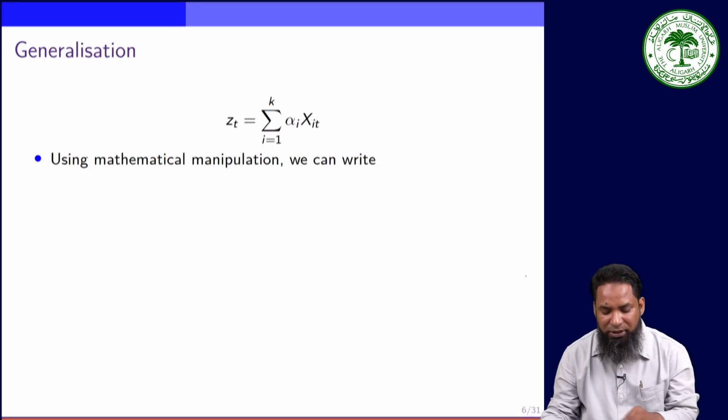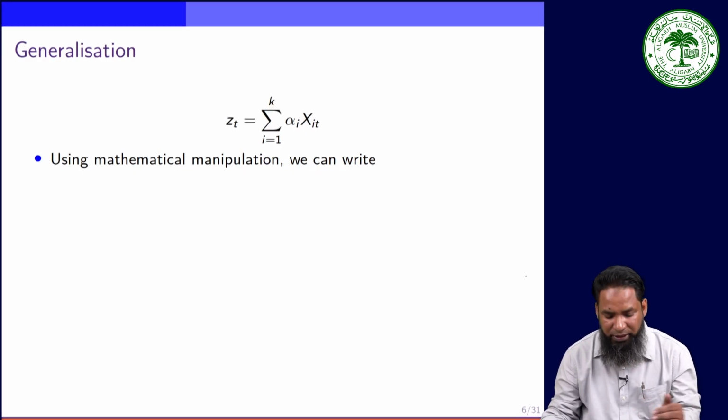So we can represent here zt is equal to alpha xit, and with a little mathematical manipulation we can write this equation as xit.